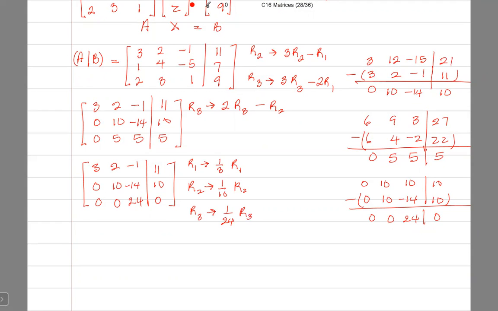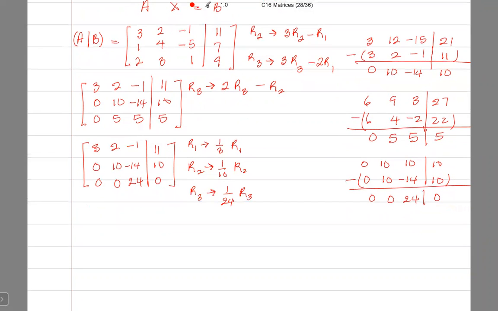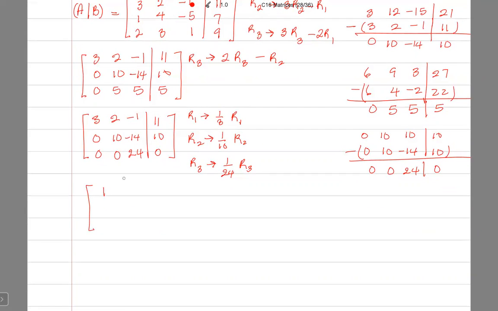All right, and so where we should end up is 1, 2/3, minus 1/3, 11/3, 0, 1, minus 7/5, and 1, and lastly 0, 0, 1, 0.